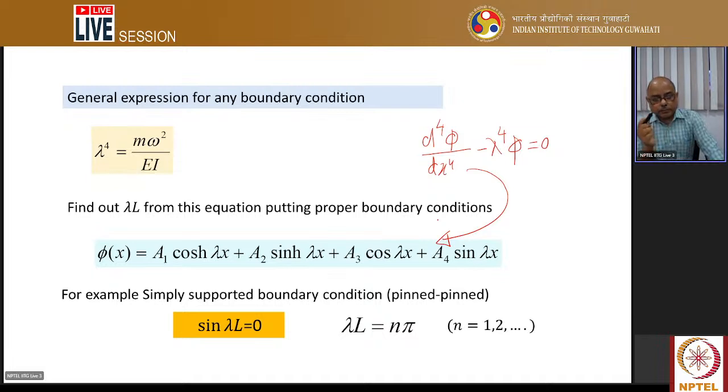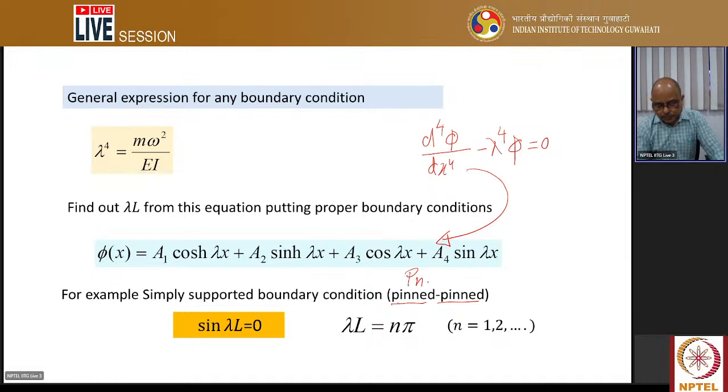Now, imposing the proper boundary conditions at the two ends of a single span beam. For example, a simply supported beam is sometimes designated as a pin beam, written as pin-pin, meaning both ends are pin.